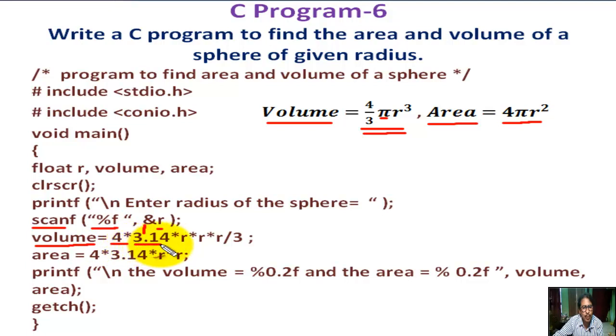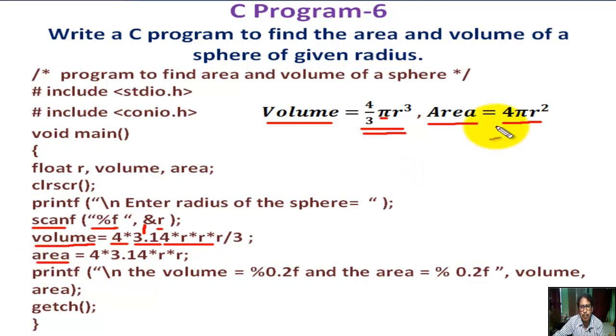This is 4 asterisk 3.14 asterisk r asterisk r asterisk r, then slash 3. Okay, this is a C expression. This is an algebraic expression, and this is a C expression.